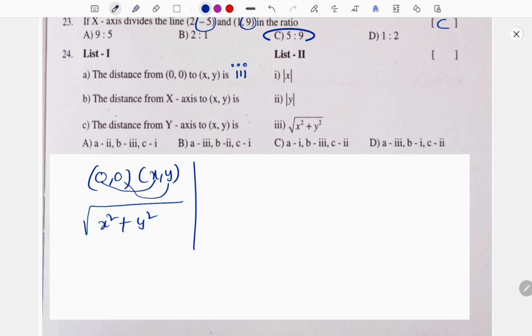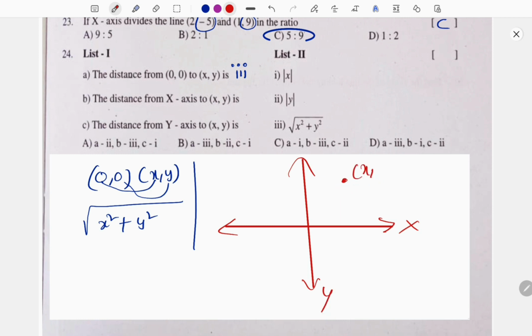Now see the second one. The distance from the x-axis to the point (x, y). Suppose here I take this as the y-axis and this as the x-axis. Suppose I take one point (x, y). So he has given the distance from the x-axis.